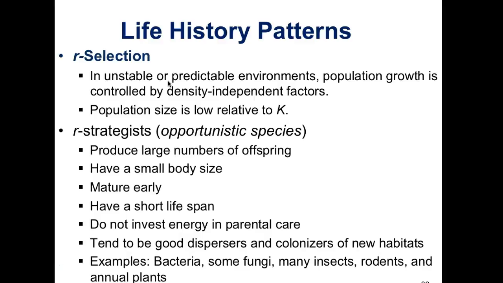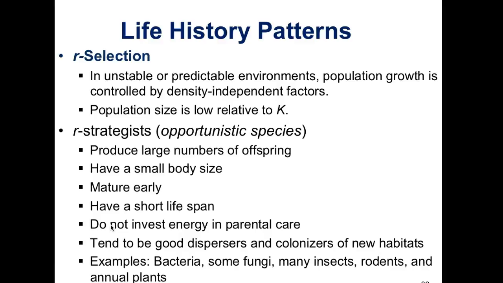You're going to have a small body size. You are going to mature early in life, have a short lifespan. You're not going to invest much energy in parental care. Ultimately, you're going to have the offspring or lay the eggs, and then this type of organism will not care for its young.